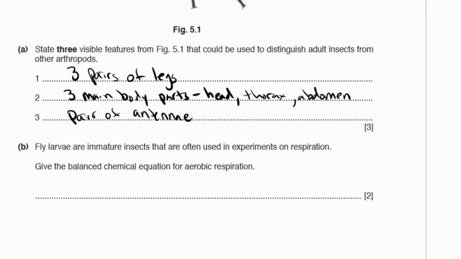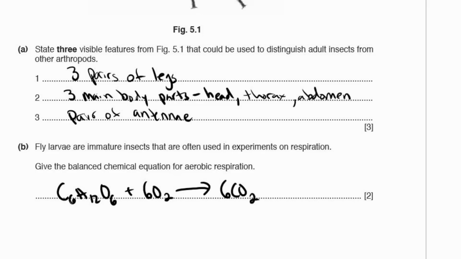B. Fly larvae are immature insects that are often used in experiments on respiration. Give the balanced chemical equation for aerobic respiration. Okay, the chemical equation is basically sugar plus oxygen produces carbon dioxide plus water. So, C6H12O6, that is glucose, that's a sugar, plus 6O2, oxygen. You obviously need oxygen for aerobic respiration. Produces 6CO2.